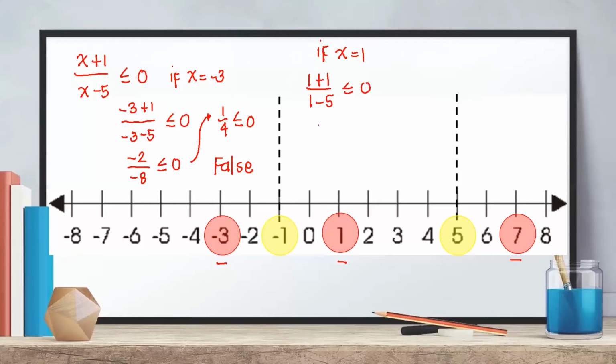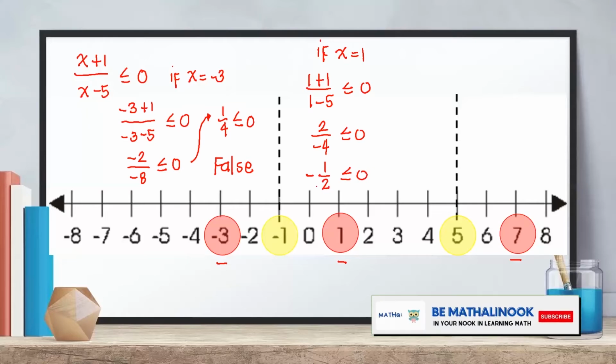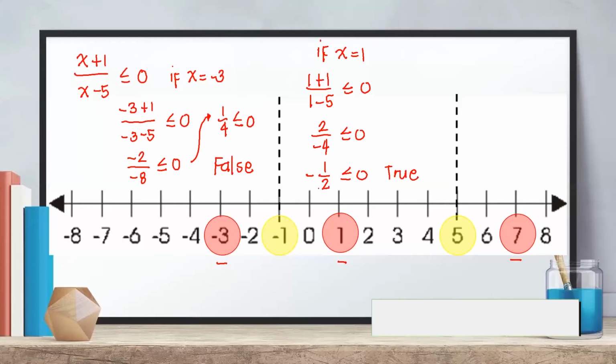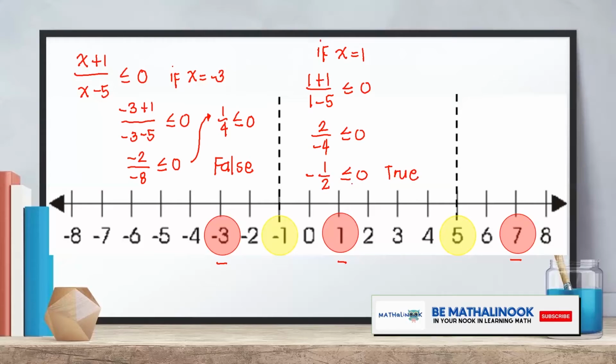Simplifying this, we will have 2 over negative 4 is less than or equal to 0. And when we simplify 2 over negative 4, we will have negative 1/2 is less than or equal to 0. Notice that this statement is true because all negative numbers are less than 0.